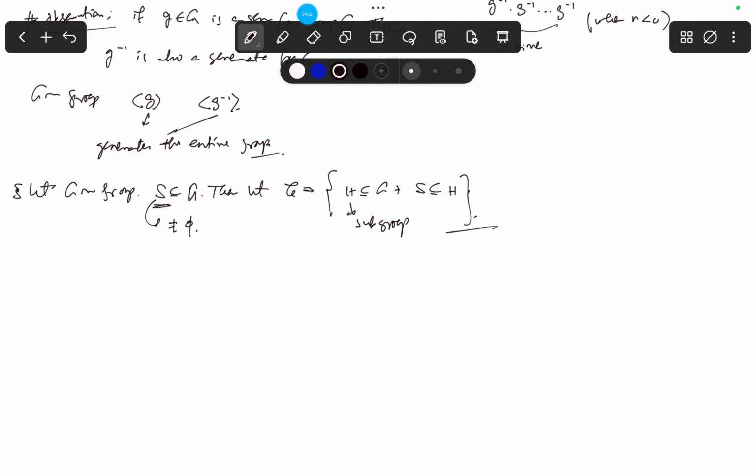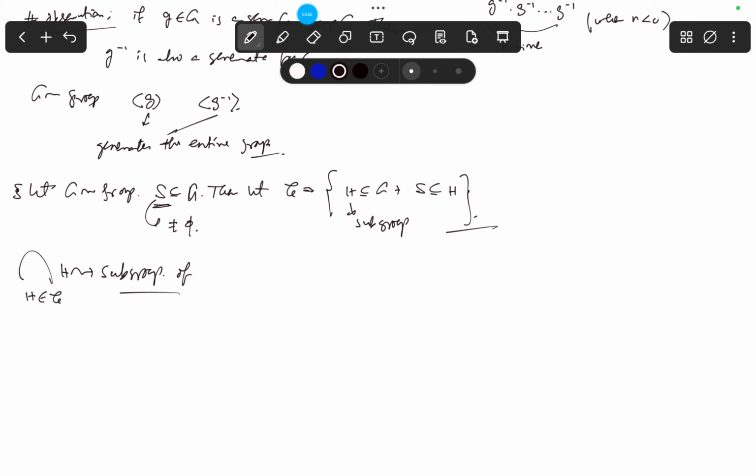Okay, so then if we take the intersection of all the subgroups, of course it's a subgroup, right? Because we have already seen that any finite or infinite or countable or uncountable intersection of subgroups is always a subgroup.